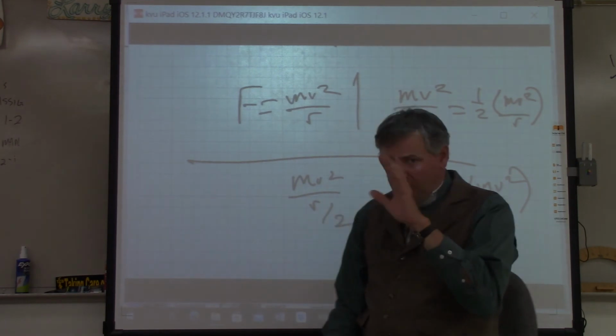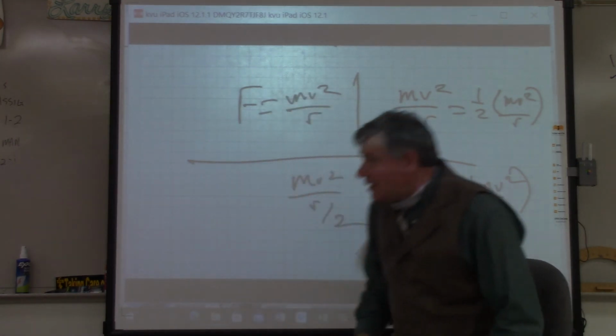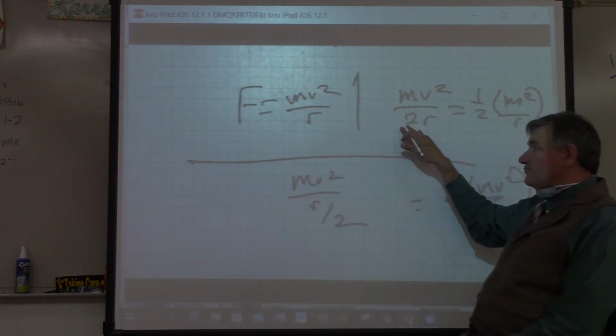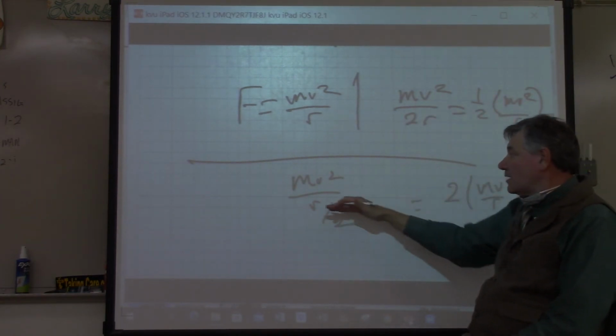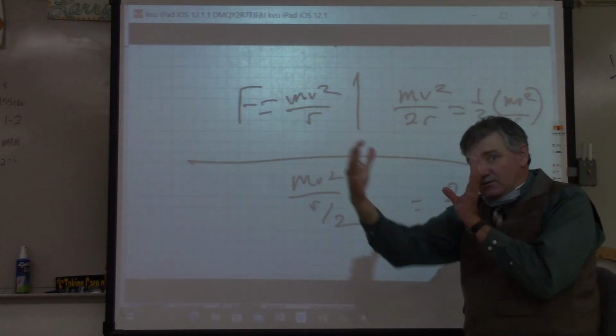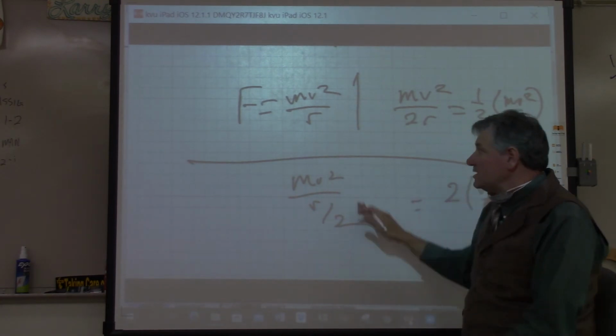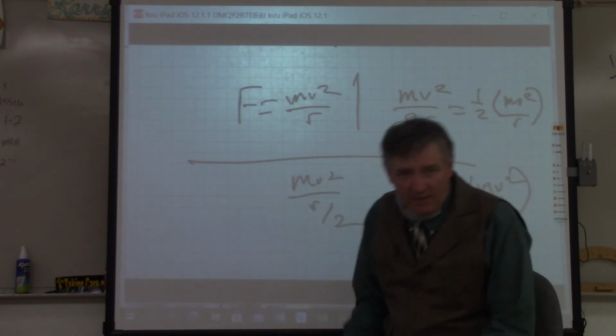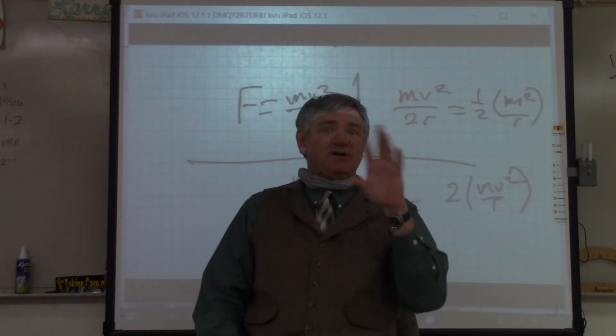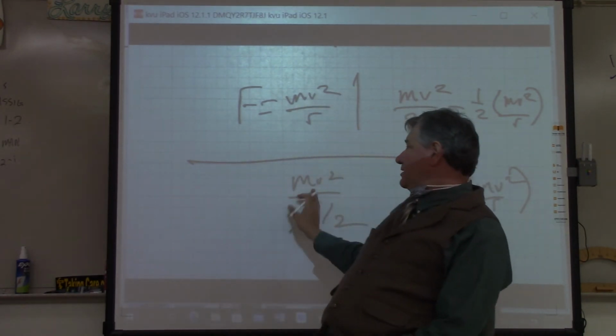So this requires a little bit of thought. If I double the radius, the force becomes half as much. But if I halve the radius, in other words, I make that radius half of what it was, then I double the amount of force. So that's what you have to be careful about when you're down below, working in the denominator.